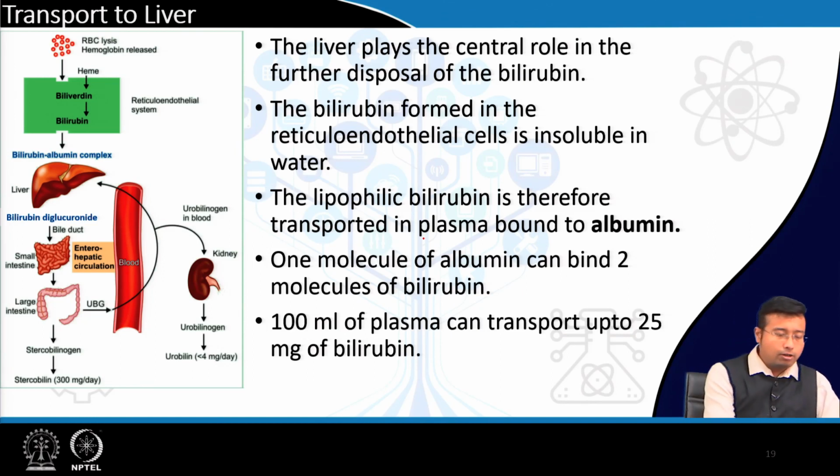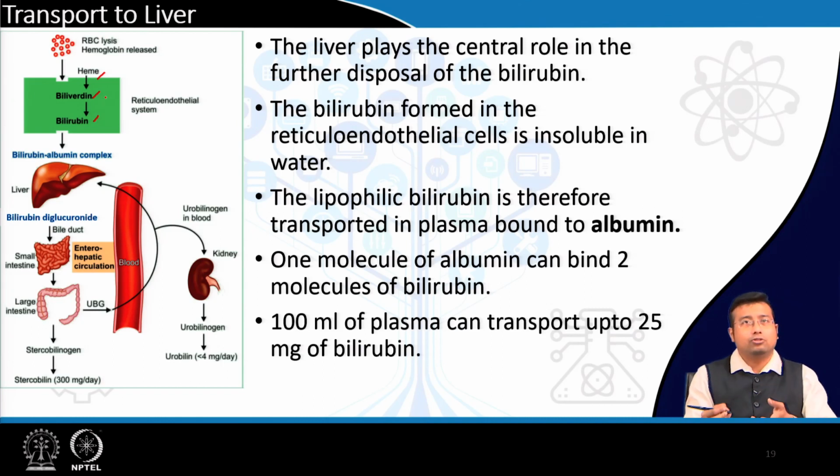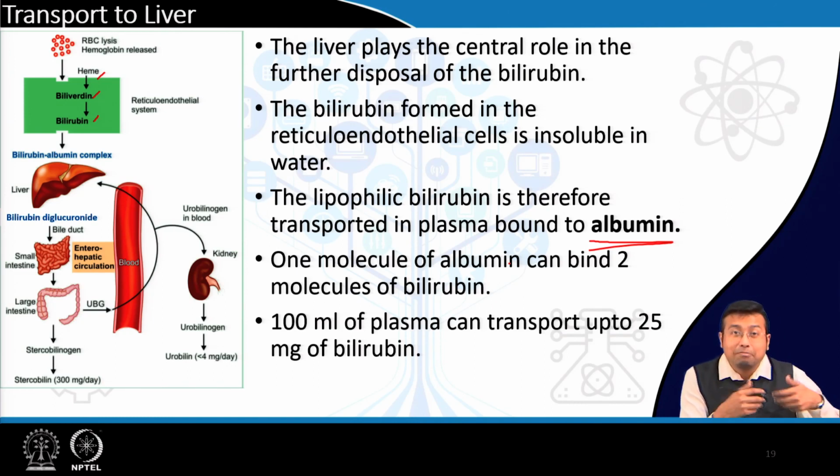Once bilirubin is formed, you can see heme to biliverdin to bilirubin, it is actually combining with albumin. This whole albumin-bilirubin complex will then be transported to the liver. The first step is, since bilirubin is not hydrophilic, it means it is lipophilic, right.